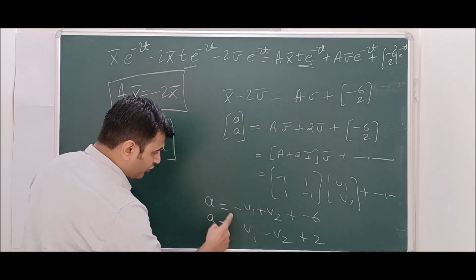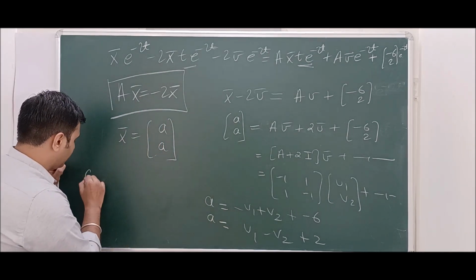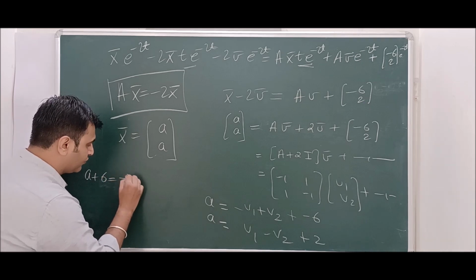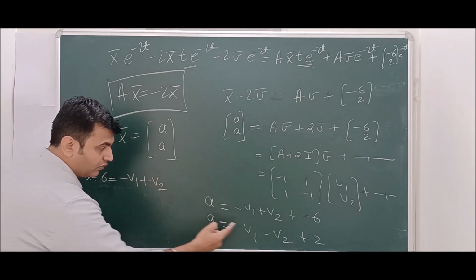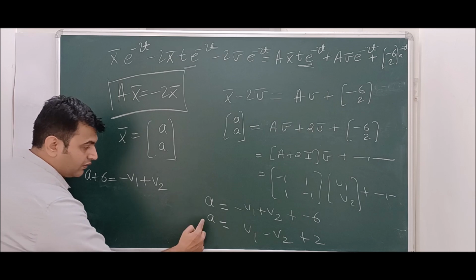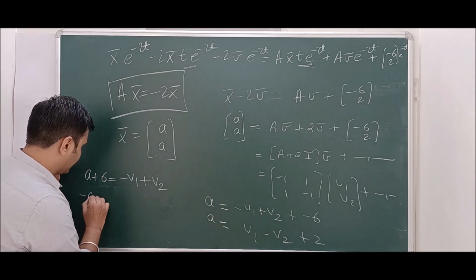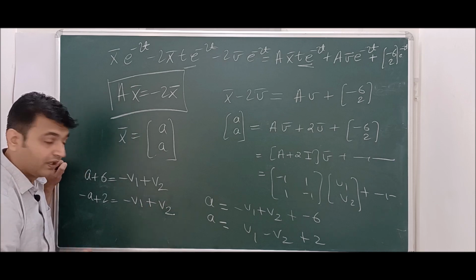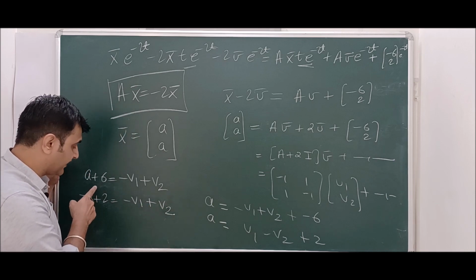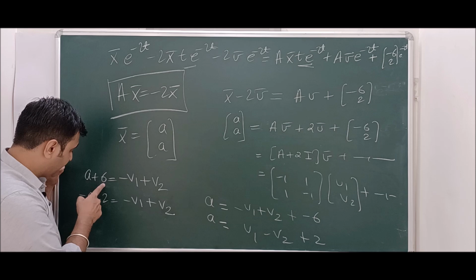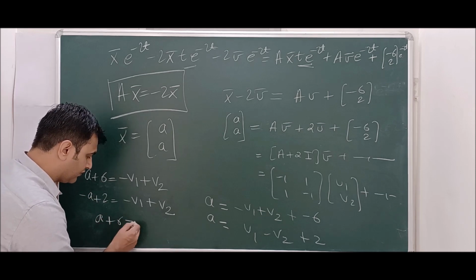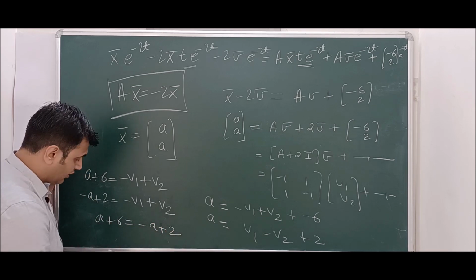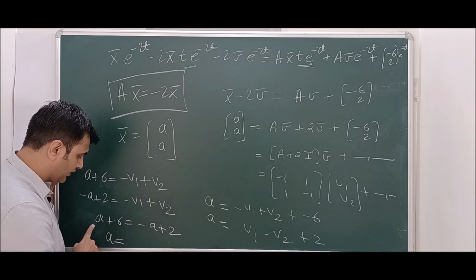Now if you observe, a plus 6 is equal to minus v1 plus v2, and here you take a on that side, so minus a plus 2 is minus v1 plus v2. Now my right hand sides are the same, so I can equate left hand sides. So a plus 6 is equal to minus a plus 2. So your a comes out to be minus 2.